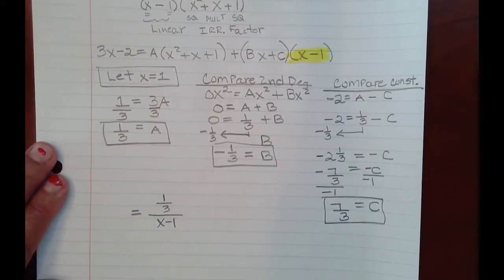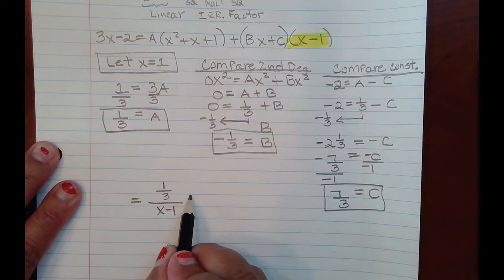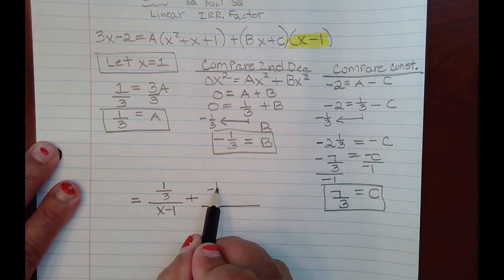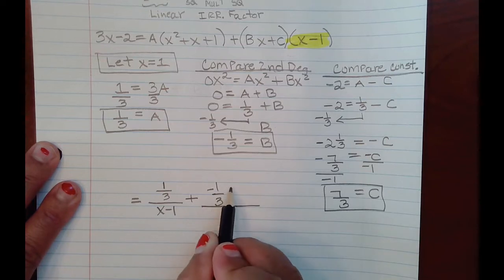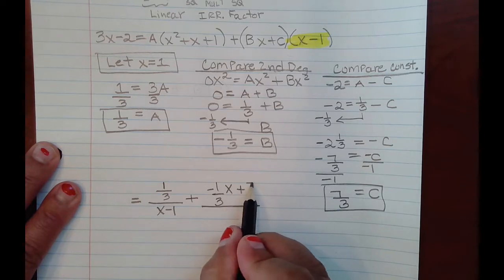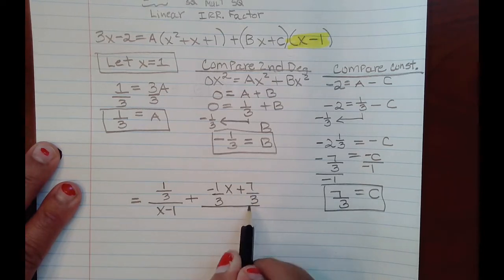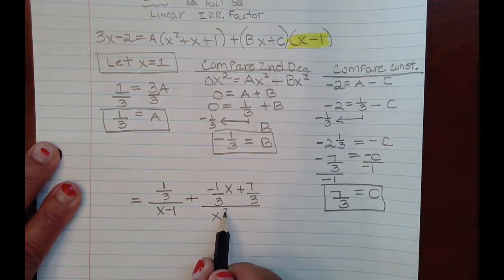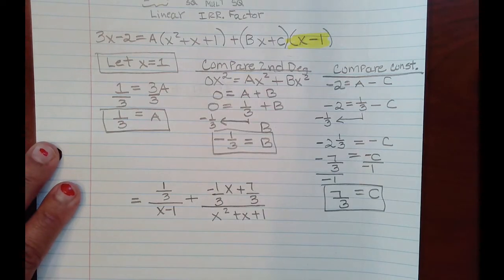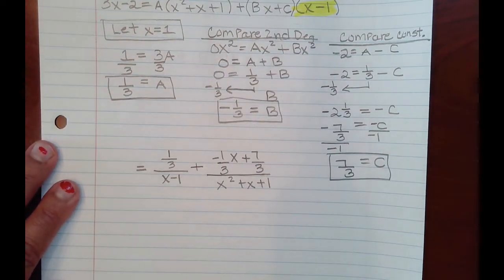So it's bx plus c, belonging to a denominator of x squared plus x plus 1. That is the main fraction all decomposed.